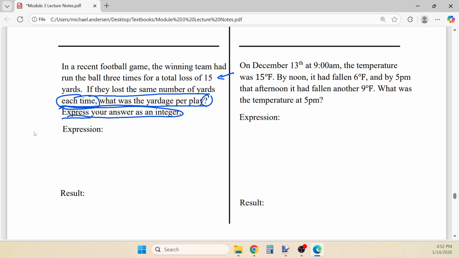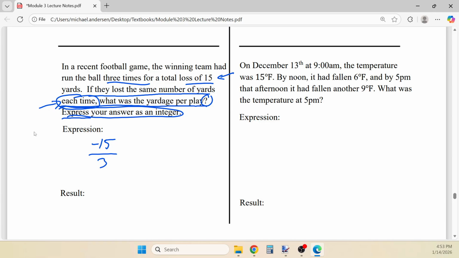Let's read the problem now to get our data. In a recent football game, the winning team had run the ball 3 times. So that's each time. There are 3 each times for a total loss of 15 yards. So we are taking the 15 yards they lost and we're dividing it across 3 downs. I know it doesn't say down in there, but a try is a down in American football.